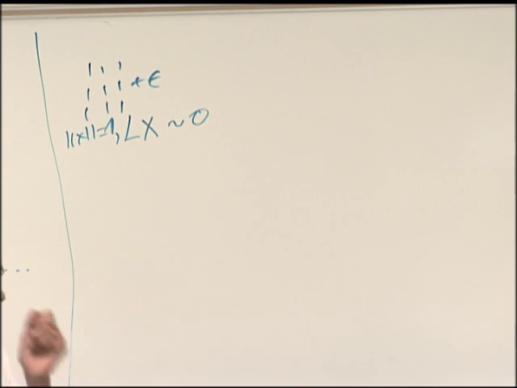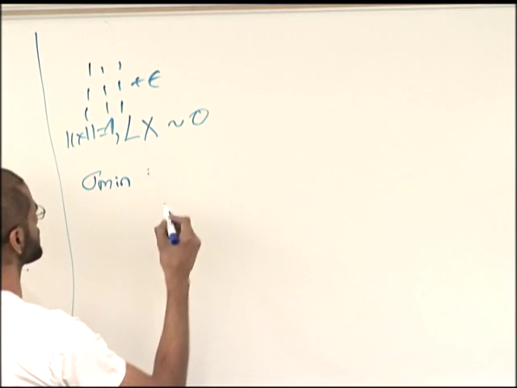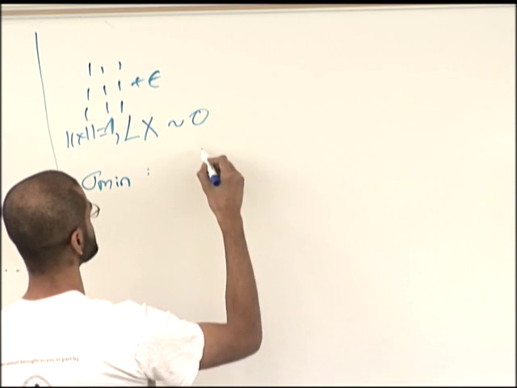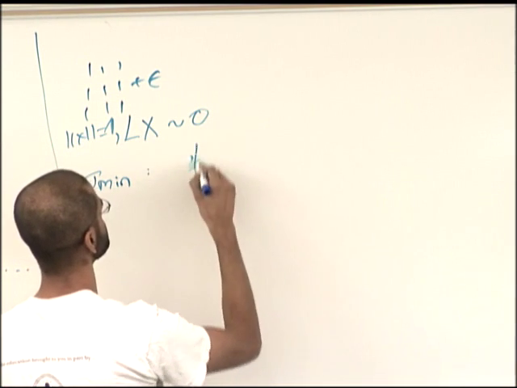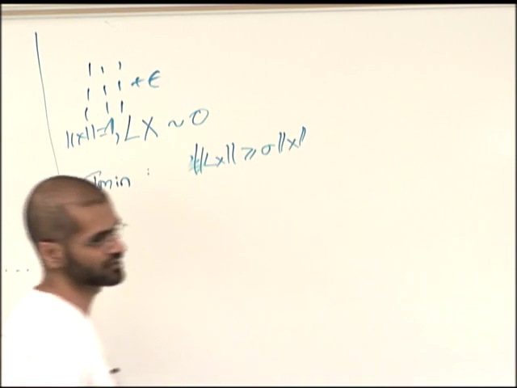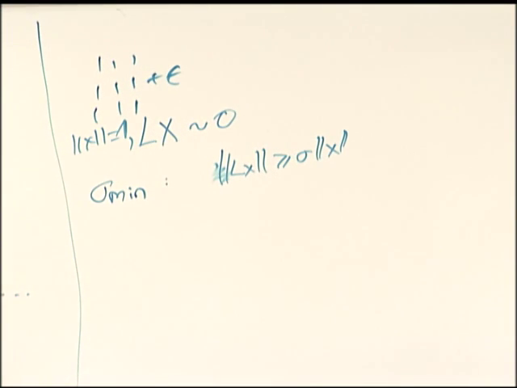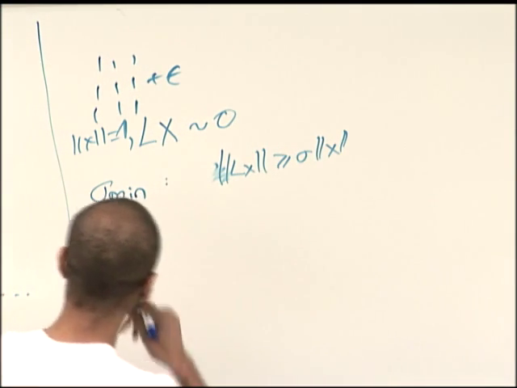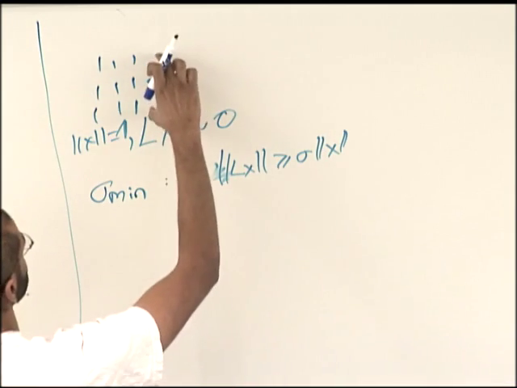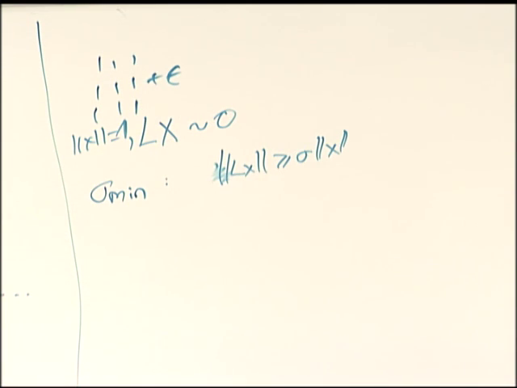A more robust quantitative measure of degeneracy is the least singular value, sigma min. This is the largest sigma for which the norm of Lx is at least sigma times the norm of x for all vectors x. So this is a measure of how much L shrinks vectors in the worst case. If the least singular value is very close to 0, the matrix is degenerate, and the identity is the most non-degenerate matrix. Its least singular value is equal to 1.